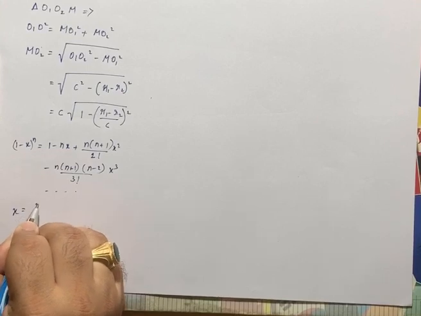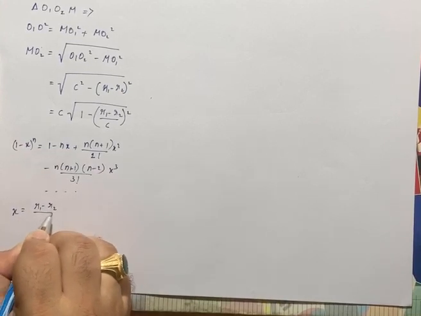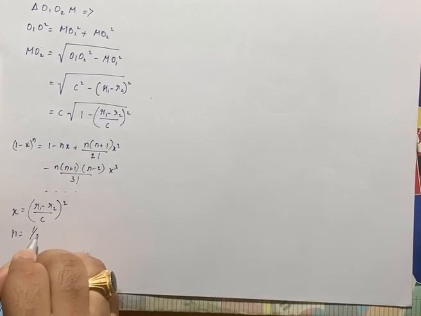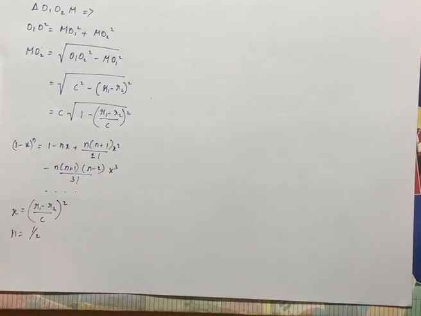X is R1 minus R2 by C the whole square, and n is equal to half, since it is a root.